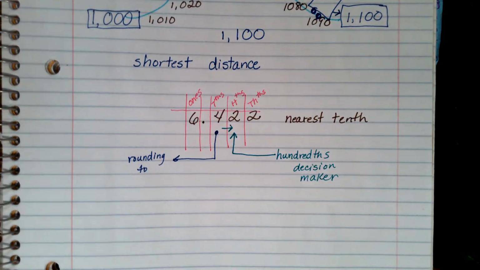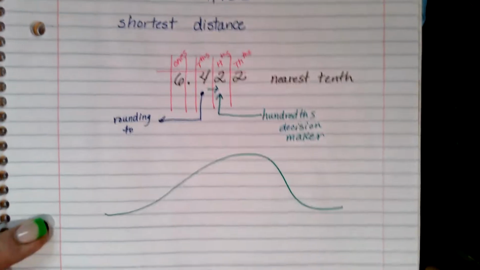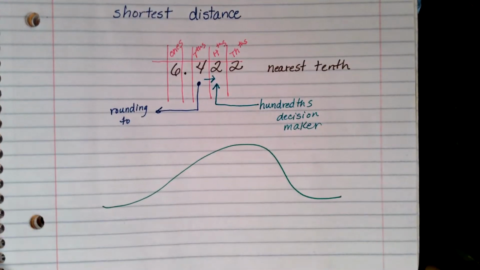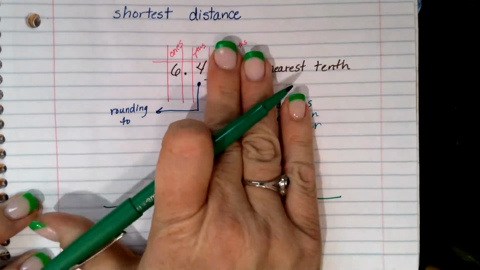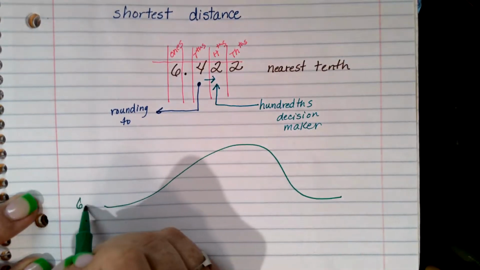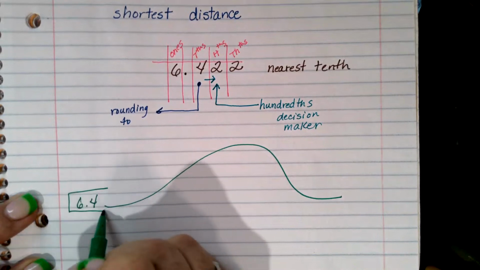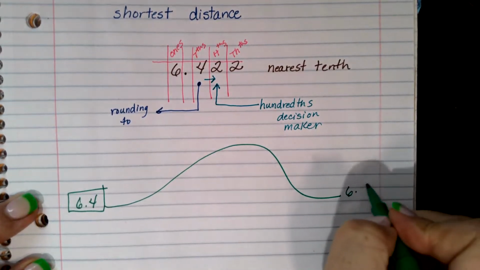All right, we're going to make our roller coaster. On the ends of our roller coaster are the things that we have to choose between. So we know that we're rounding to the nearest tenth. When we look at this number, 6.4 is the tenth in our number. One more than that is going to be 6.5.